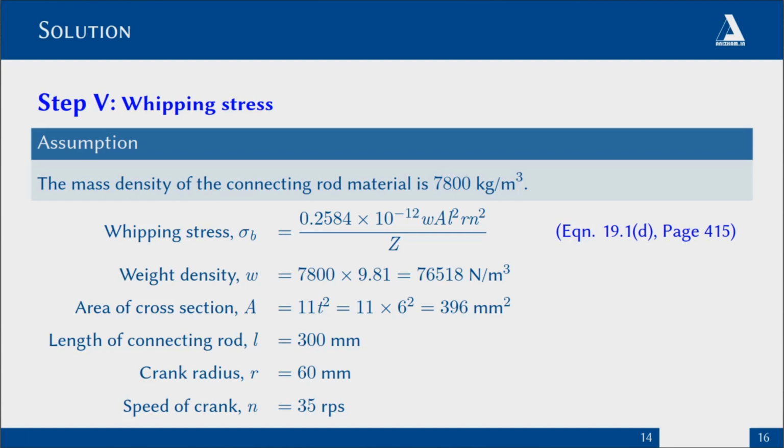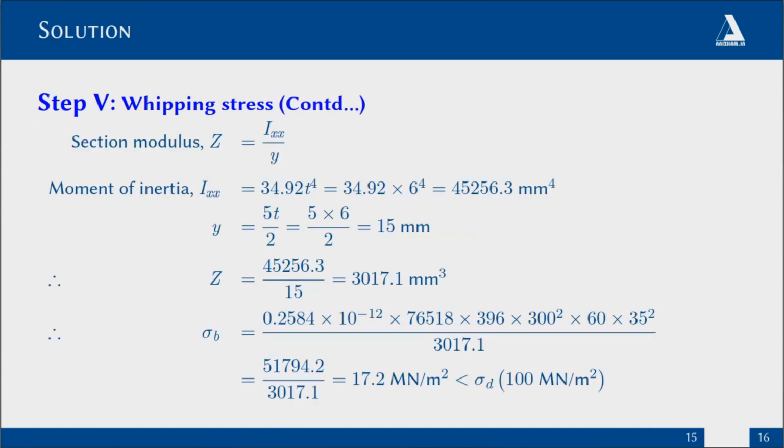Capital A is the area of cross section, that is 11 t squared. t is 6 millimeter, so A is obtained as 396 millimeter squared. L is the length of the connecting rod, that is 300 millimeter. r is the crank radius, that is 60 millimeter. Small n is the speed of the crank, that is 35 rps.